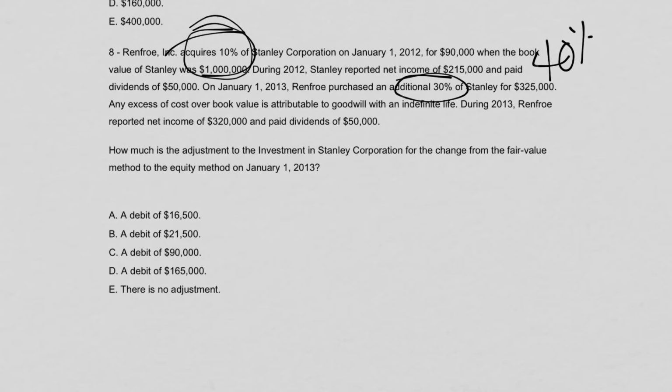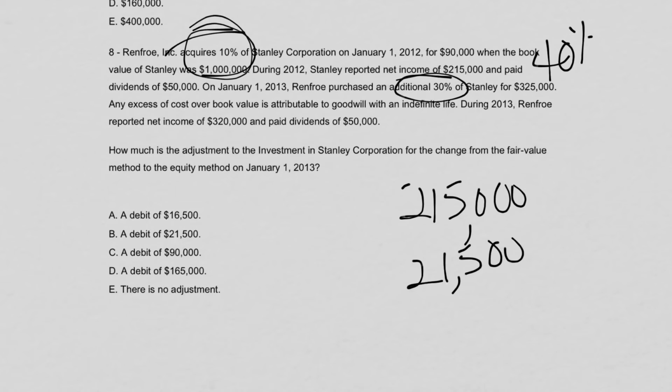It was 10% of earnings, which was $215,000. So 10% of that is, I got to do the math. It's terrible. I can't do it myself. But that's what calculators are for. So 10% is 21,500.